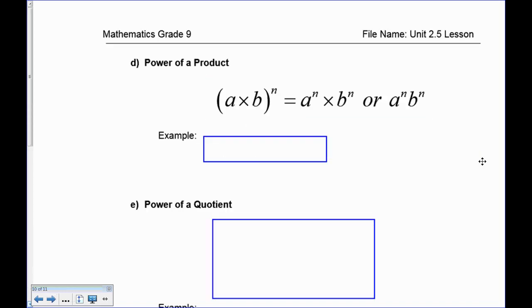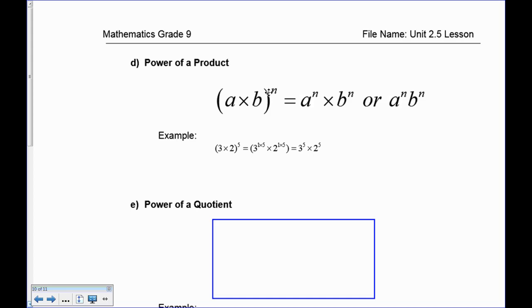Okay, power of products. This is where we have a product on the inside, and we raise the power on the outside. So a to the 1 times b to the 1, all raised to the n. Now again, this one here was a little bit of a mistake on my behalf. This is actually a to the 1 times 5, so I put it in the example here. Don't forget that a has an exponent of 1, and so does the b.